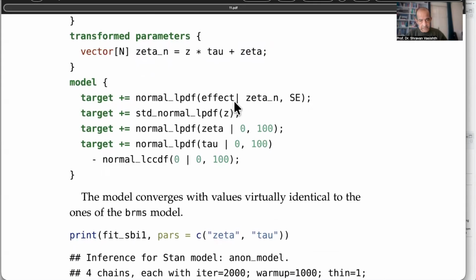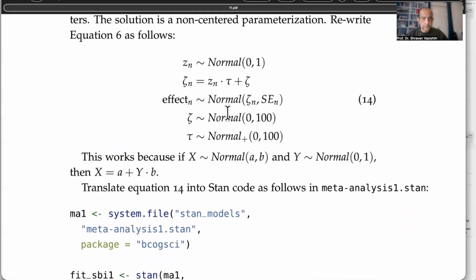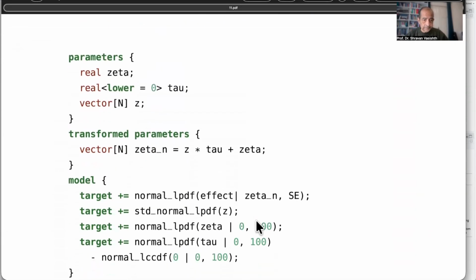You got the effect estimate. What you also have is the standard normal defined for z, so that's a prior on the z, right? Sorry, I misspoke here. This is the prior on z, okay? Remember this prior, okay?